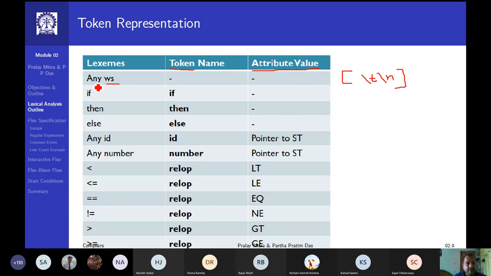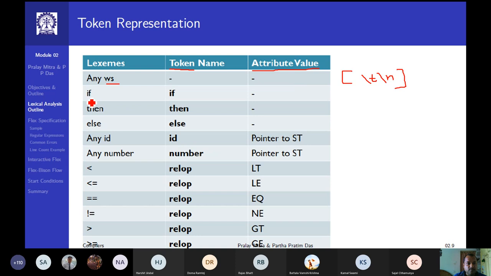If it is one of those characters, either space or tab or newline, then there is no token name. It does not belong to any token class. You have seen that usually that is considered a standard delimiter. The attribute value is also not there for that.